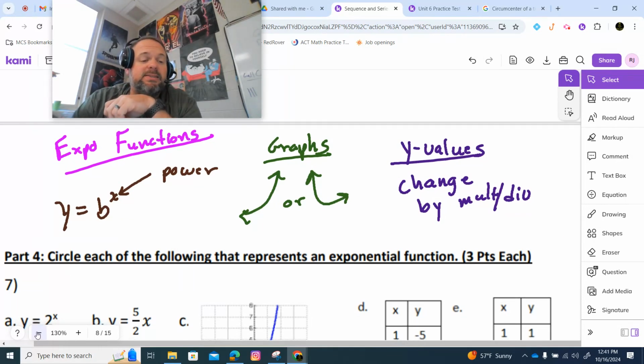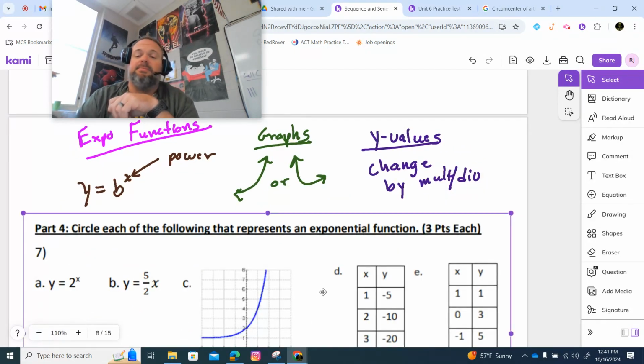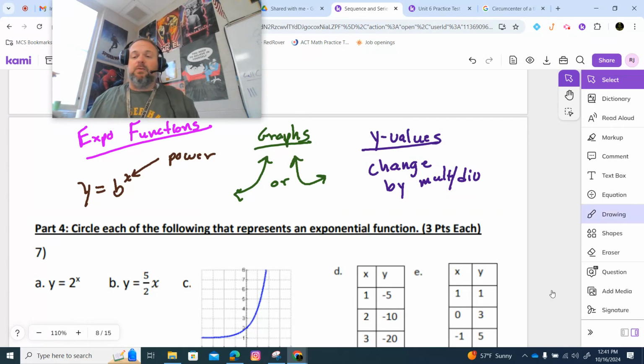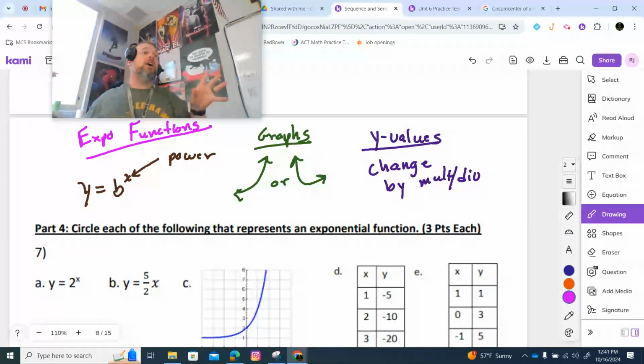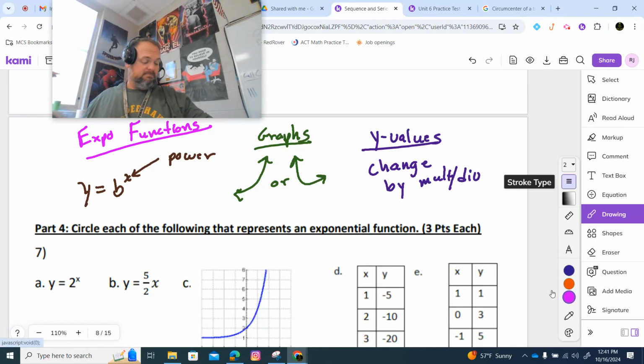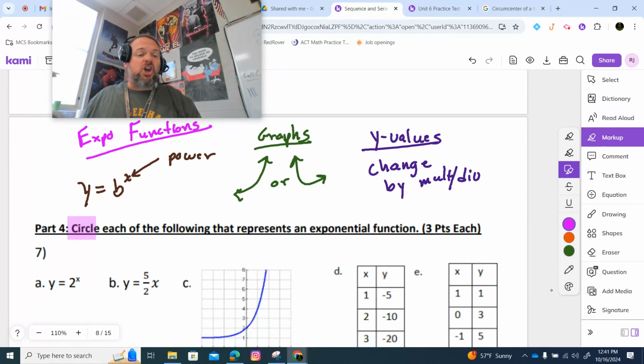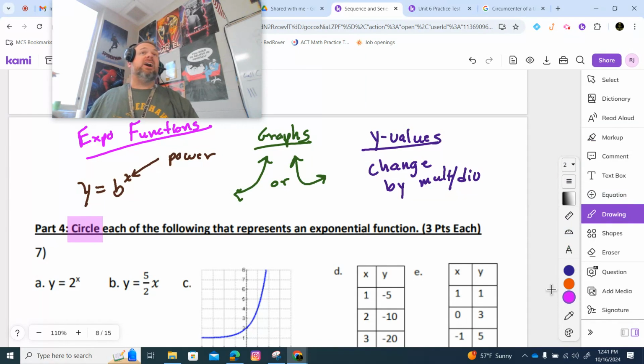So knowing this, if we look at number 7, even though it is written "circle," I will get only about half of the test back that circles it.